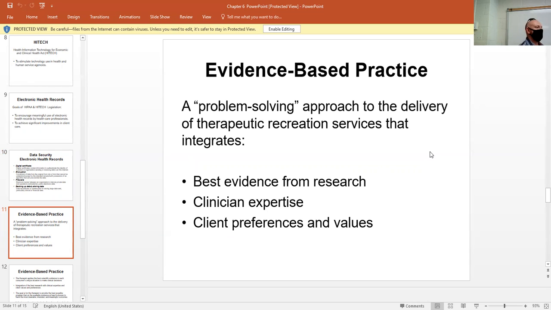It saves us time, because it's a problem-solving approach to the delivery of therapeutic recreation services that integrates the best evidence from research, things that we've seen that work or don't work, clinician expertise, and client preferences and values. When you put those things together, you are providing evidence-based practice. You have things to go by that you're using to do this.